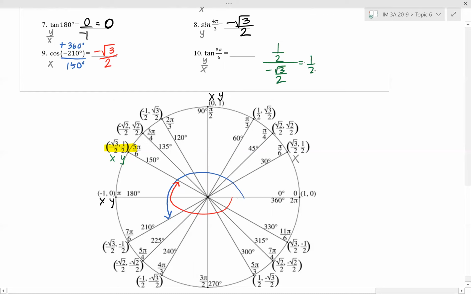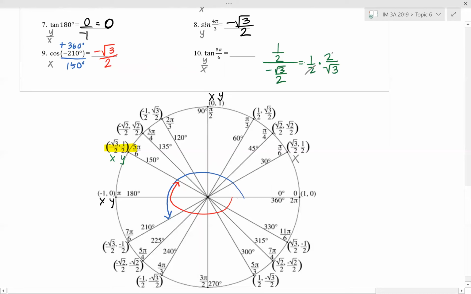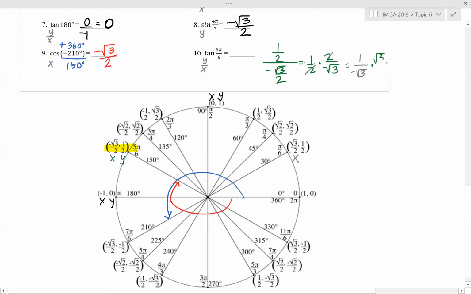That equals 1/2 times 2 over negative radical 3. And those 2's reduce. So we end up with 1 over negative radical 3, which we can rationalize by multiplying by radical 3 over radical 3, which will give us the answer negative radical 3 over 3.